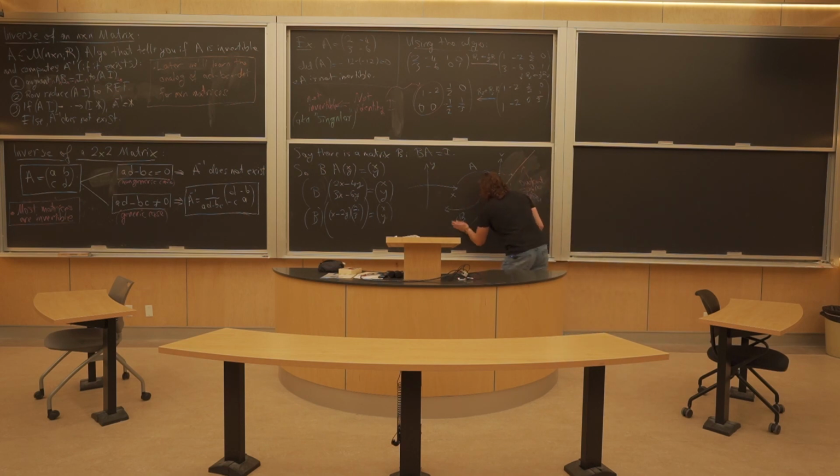So let me write it like this: can't exist because the output space is 1D, it's one-dimensional. It is squished. This is yet another way of thinking of what is happening. Any questions about this?